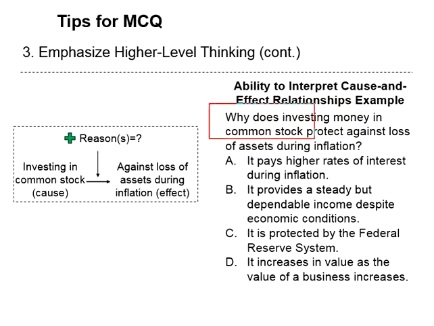If you look at the information here, you will see the cause and the effect. The cause is investing in common stock, and the effect is protection against loss of asset during inflation. Now the question is asking, what is the reason causing this effect?